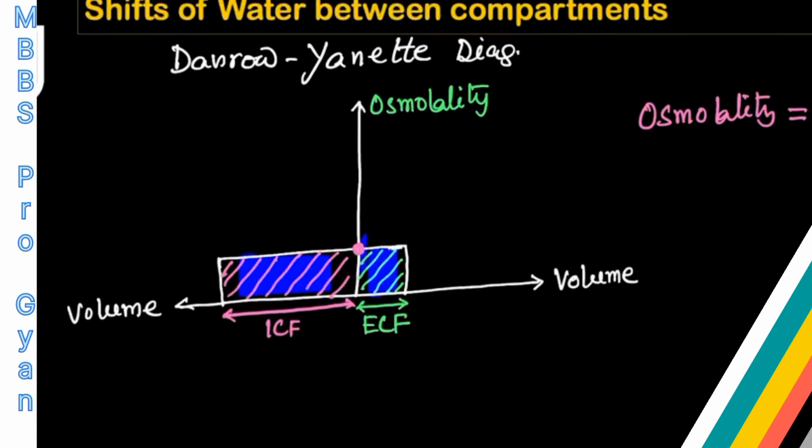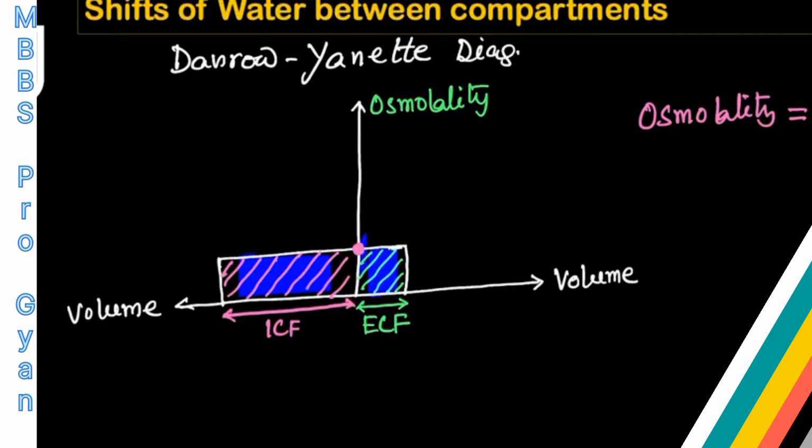Now, in this diagram, we have to understand that if you give hypotonic fluid or hypertonic fluid, then how this Darrow-Yannet diagram will change. Getting my point? So suppose I am drinking some water, or suppose in a patient you are giving infusion of 0.9% NaCl solution.